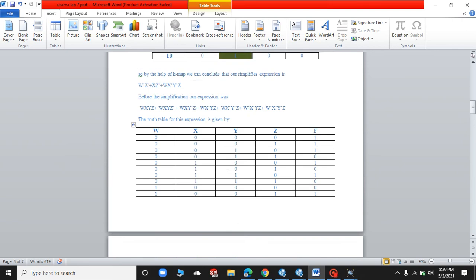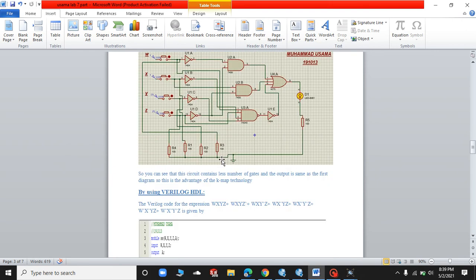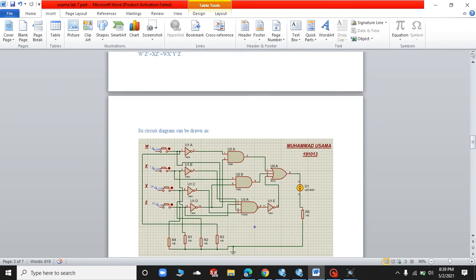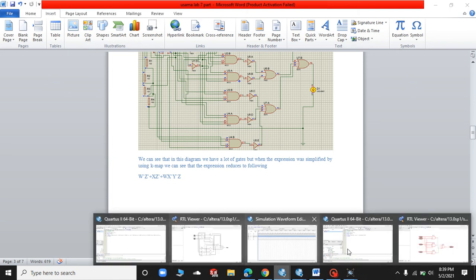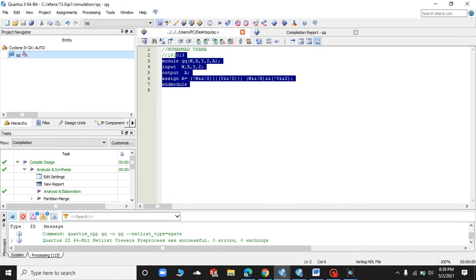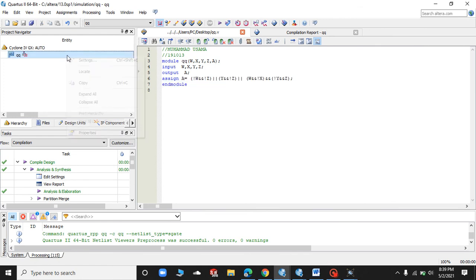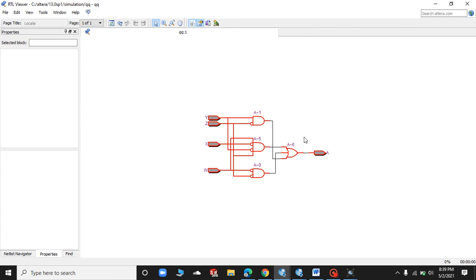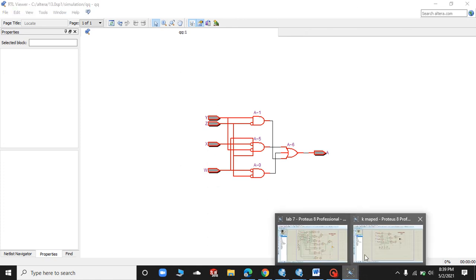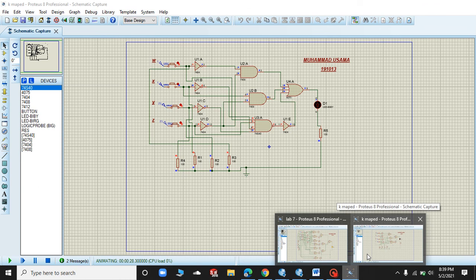And this is the simplified circuit. This implementation is of the simplified circuit, and it is shown over here. The module name is QQ, with W, X, Y, Z and A, and the equation is written. When I locate it in the RTL viewer, I can clearly see that I have this type of diagram, which is pretty much similar to this diagram.